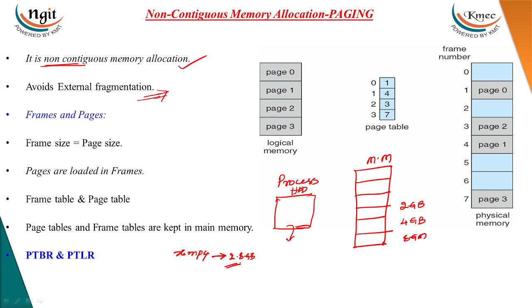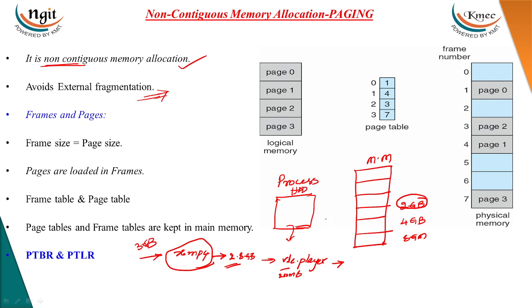To run it you need software, an application program, for example some player. You load this data file into the player and run the movie. The player itself may be 200 MB or so. So one process itself is 3 GB. If you take a 2 GB RAM, you cannot load this one process.